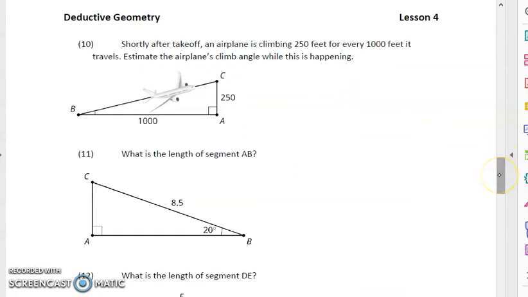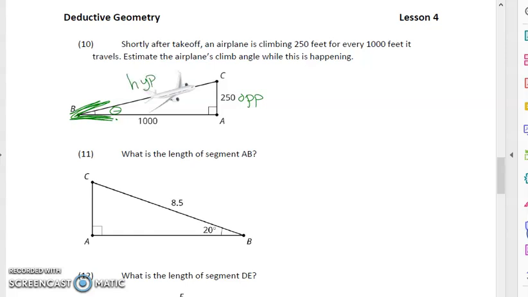All right, so starting with problem 10, they're being asked to come up with the angle of incline. It's also an angle of inclination. So we're looking for what is the angle measurement at angle B. So this angle here at B, if I would shade the two sides that make that angle, the 250 would become the opposite side.